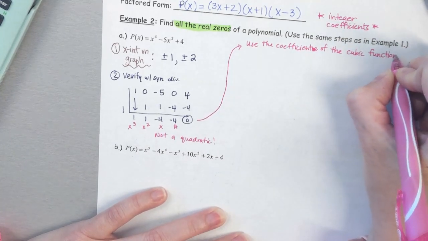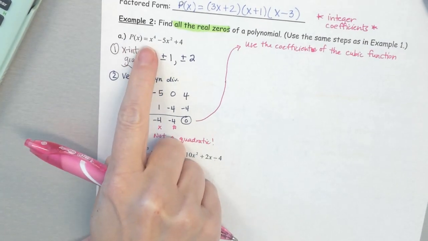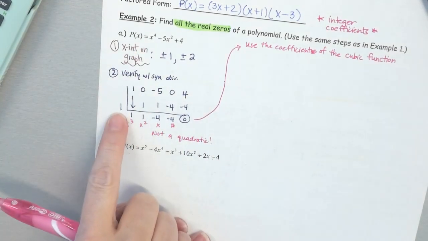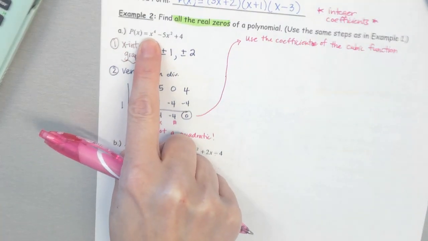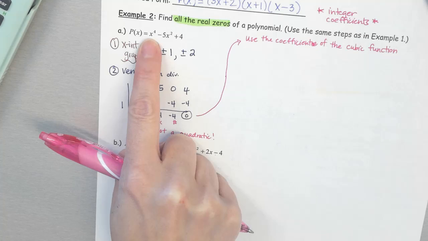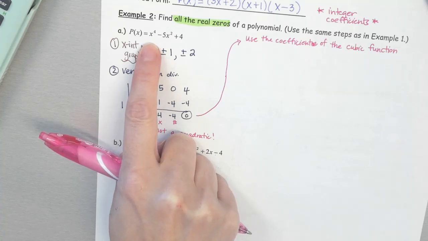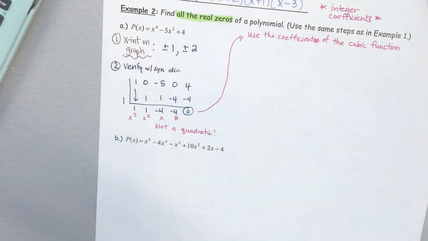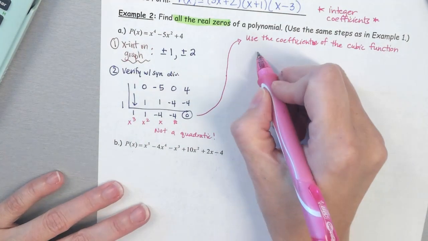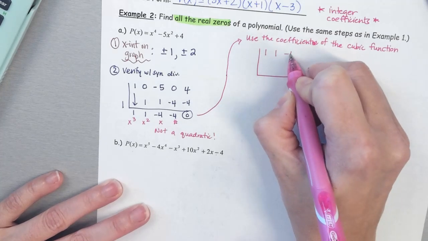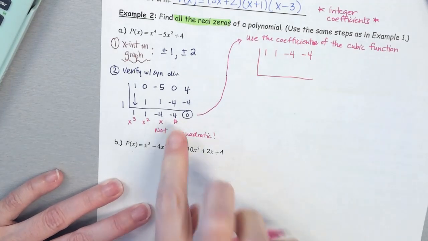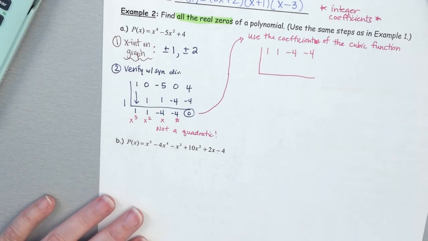You can't keep using the 1 to the 4th power because every time you're doing synthetic division, you are dividing this by an x. So anytime you have x to the 4th and you divide it by an x term, you're getting x to the 3rd. If you want x squared, you have to take x to the 3rd and divide it. So we're going to use 1, 1, -4, -4. You don't use the 0 because that's the remainder.